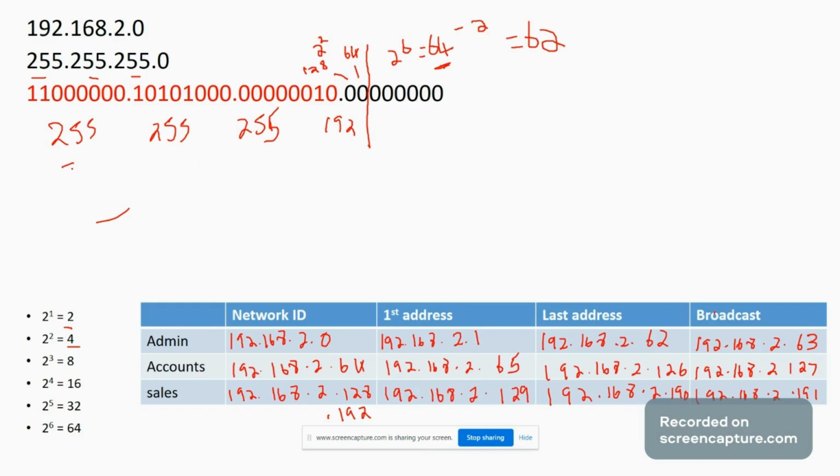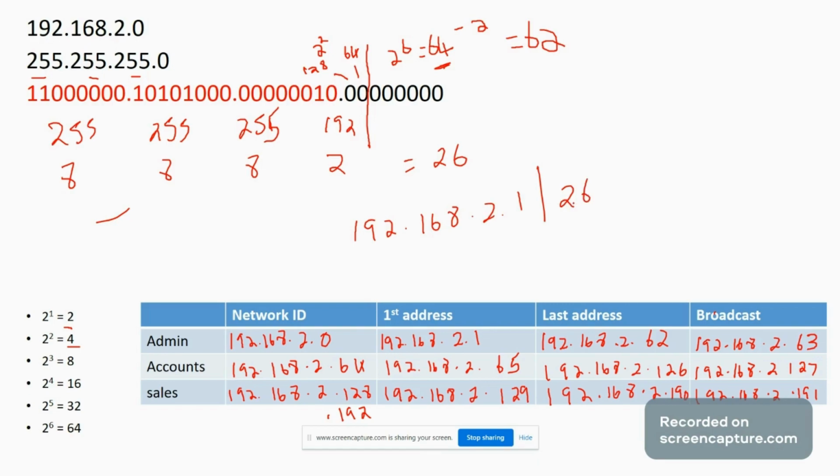Now if you want the slash notation, 255 is 8 ones, that's 8 ones, that's 8 ones, and this is 2 ones. Ones indicate the network portion of the subnet mask. You add those all together and it equals 26. So if we pick a typical IP address down here, it'd be 192.168.2.1/26.